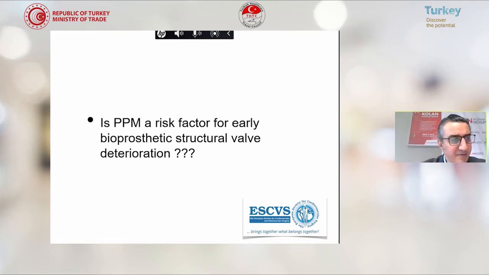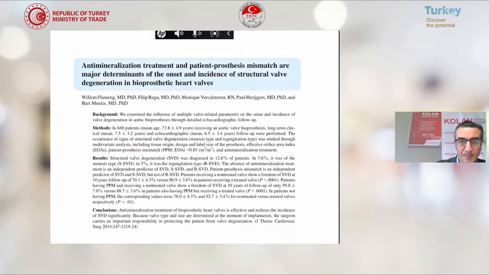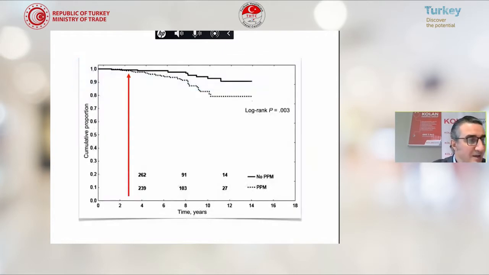One of the important negative effects of patient-prosthesis mismatch is early structural valve deterioration of bioprosthesis. It has been shown in some studies. In this paper, Fleming and his colleagues investigated whether patient-prosthesis mismatch is a major determinant of the onset and incidence of structural valve degeneration of the bioprosthesis, and they showed that patient-prosthesis mismatch is an independent predictor of structural valve degeneration.